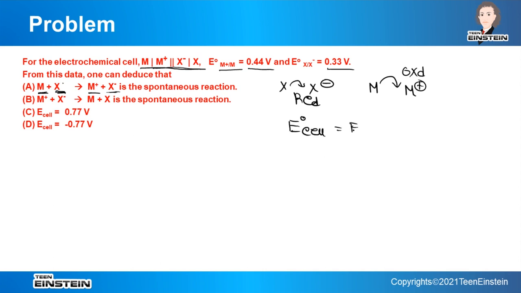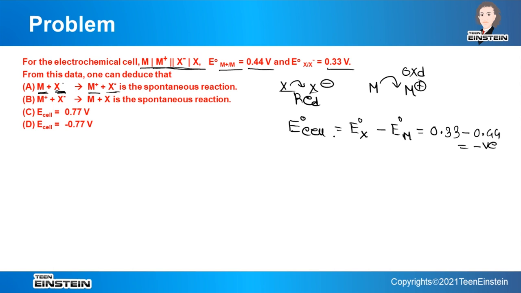So how can we find E naught cell? It will be E naught of the X system first, that is 0.33, and then E naught for the M system, so it is 0.33 minus 0.44. See, this is negative.